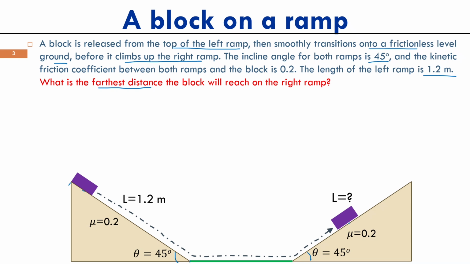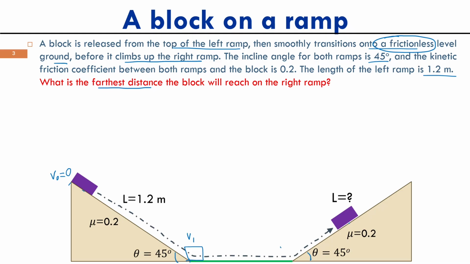Because the block is released here, the initial velocity is 0. Then because it's moving down, we know it's accelerating. So when the block gets here, it's going to have a certain velocity. Let's call it v1. On this level ground, it is specifically mentioned that it's frictionless, so horizontally there is no resistance, and the velocity will not change on the level ground.